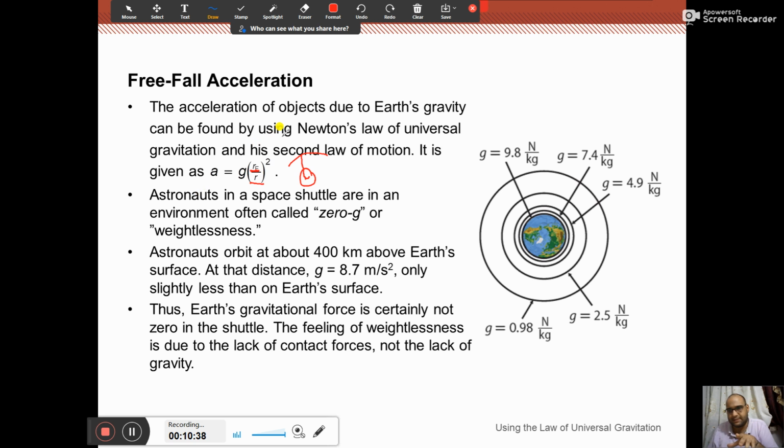Astronauts in space, we are able to see during movies that astronauts inside the space shuttle have no gravity. There's no gravitational force applied on them, while the space shuttle itself is controlled to rotate around the Earth by the force of gravity.